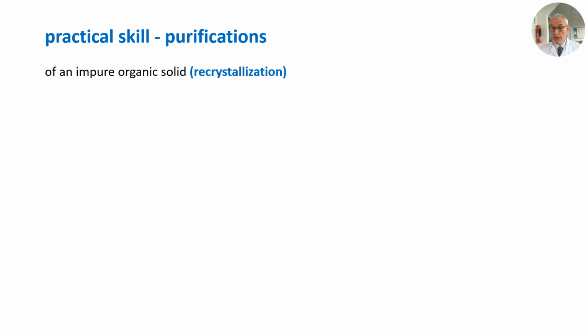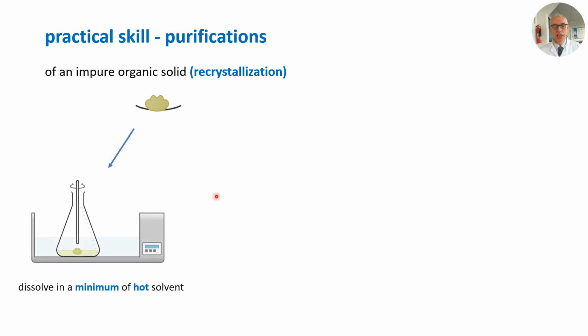So having discussed the purification of an organic liquid, how about an impure organic solid? So this process you will know as recrystallization. Having collected your organic product from your reaction mixture, probably by filtration, you then dissolve that solid in a minimum of hot solvent.